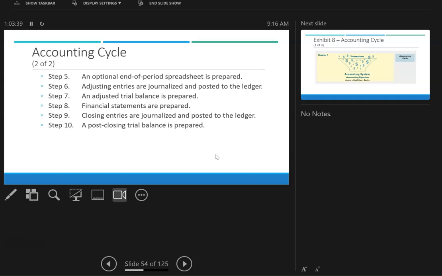Then we look and say, okay, some accounts need to be adjusted here. We adjust them and we create an adjusted trial balance. That's the adjusted trial balance we use to get our income statement, statement of owner's equity, and our balance sheet. Once we've done those, we want to zero out our temporary accounts so we can start next year the same. Got it? It's that simple. It really is.